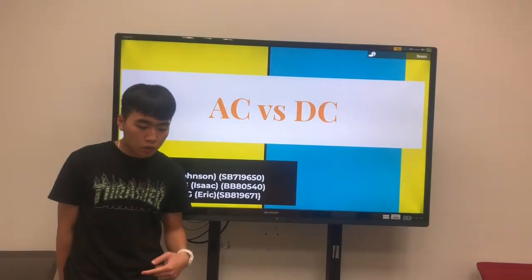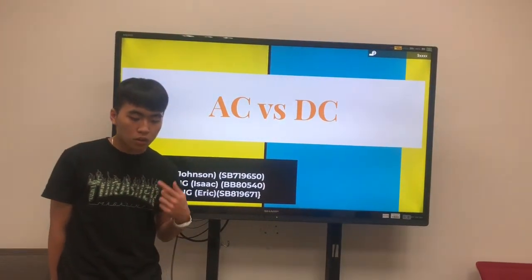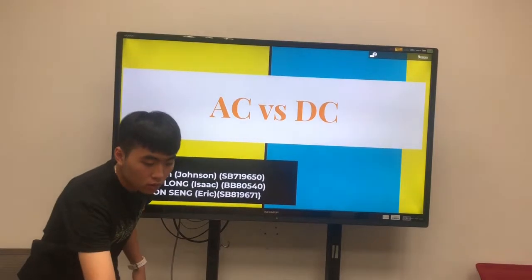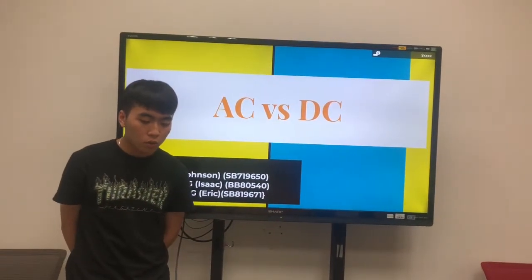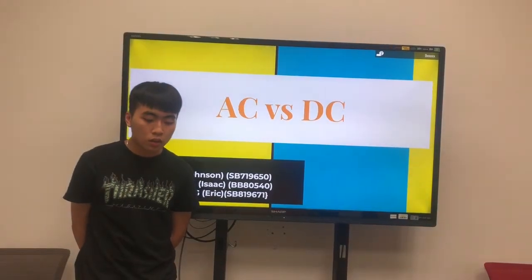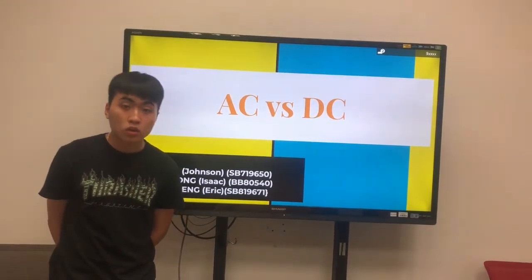And the voltage of AC output is 220 volts and 380 volts.